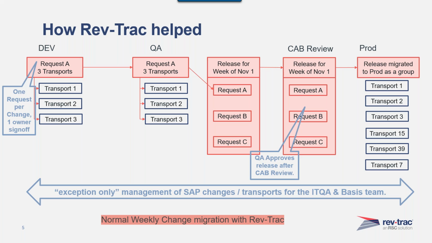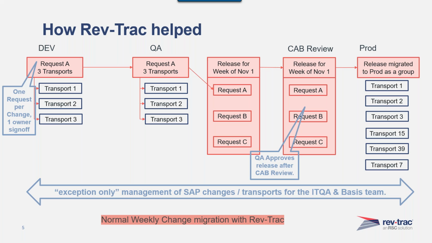So a particular change or batch of changes, as I'm showing here, can go from dev and on into prod with very minimal involvement from either Basis or the QA team, which is kind of the overseer and governance of the change process. The developers or business analysts are now self-service.